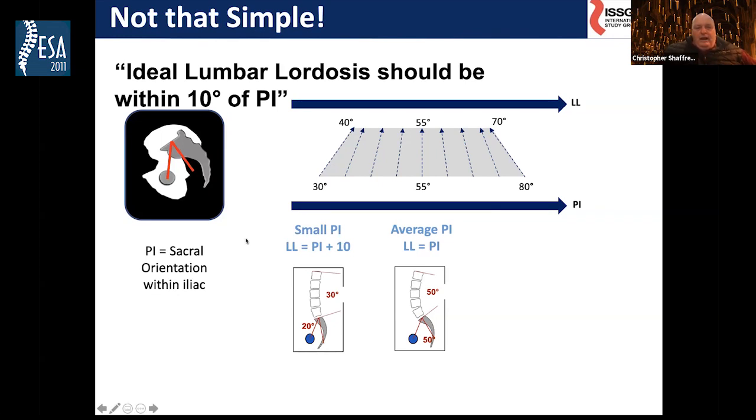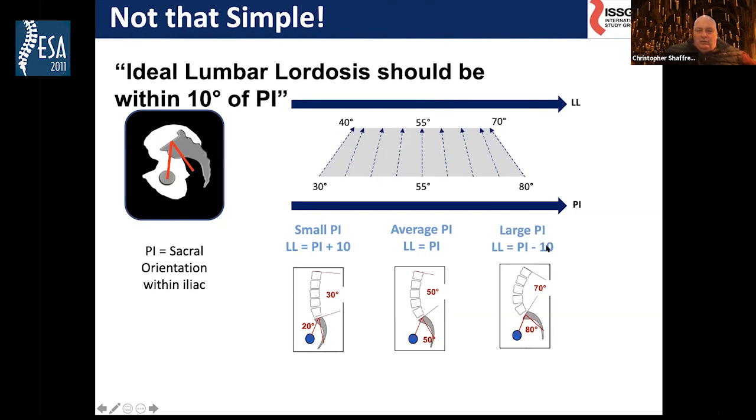On the other hand, if you have a large pelvic incidence, in this case about 80 degrees, then you want a little bit less lordosis, and that lordosis can be distributed through the entirety of the lumbar spine, including the mid-lumbar area. So again, this is moving towards personalized treatment of these patients with adult spinal deformity.